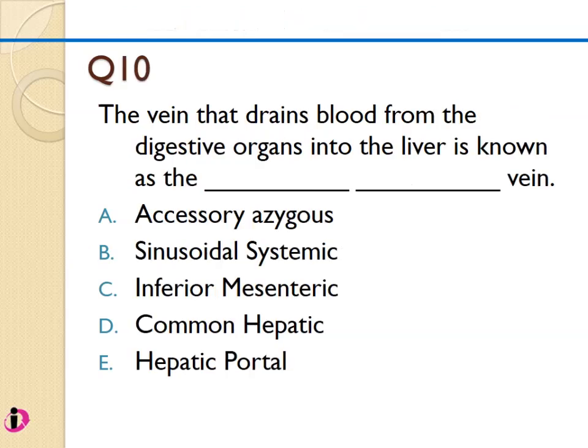And the vein that drains blood from the digestive organs into the liver. Hepatic portal vein. So that's unique circulation here. The liver is going to receive all that drainage from the intestines rather than it going straight to the heart, it goes to the liver first. That's the portal system that we're going to see. And then the hepatic vein is what carries it from the liver to the vena cava.